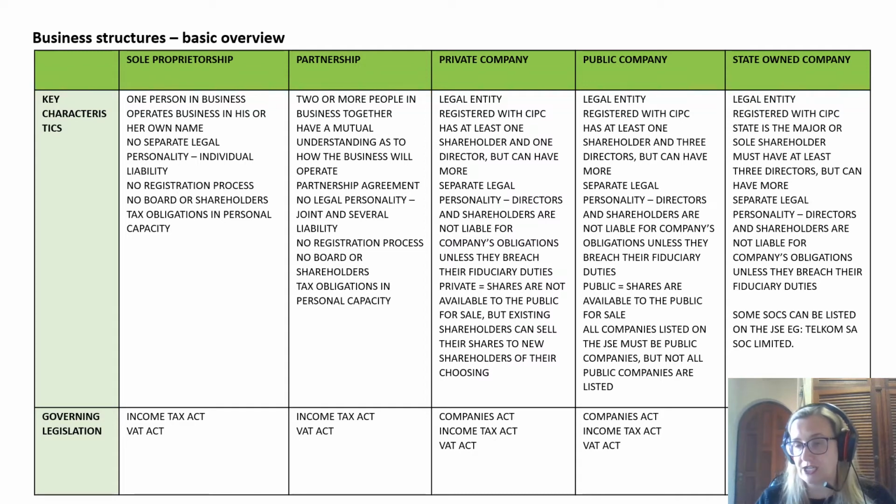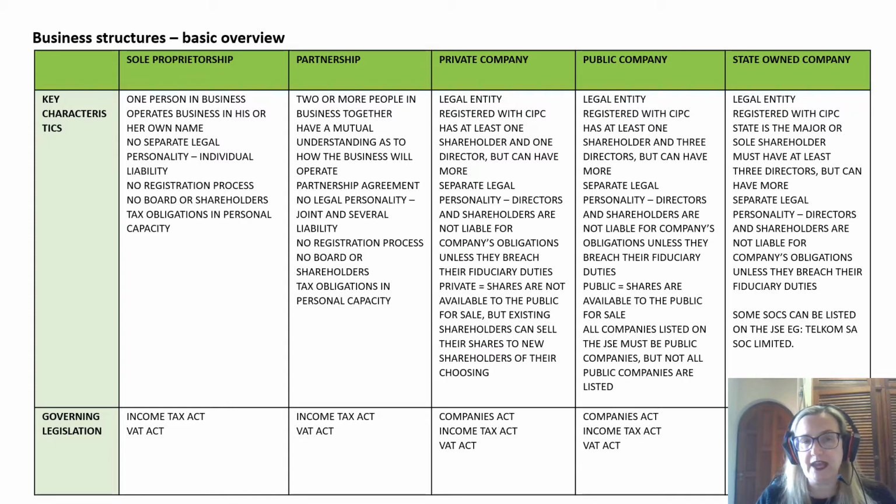There's no registration process. I don't have to tell anyone that I'm doing it outside of maybe the health inspector, who would be interested to know that I don't have cockroaches in my coffee shop. And I would have my own personal tax obligations. If I earned so much money that I needed to pay VAT, then I would need to pay VAT, but it would be me in my personal capacity.